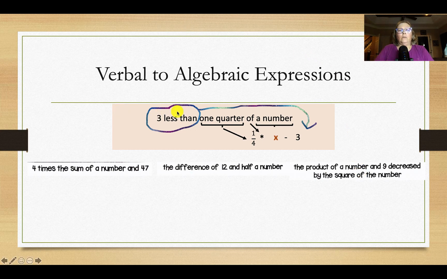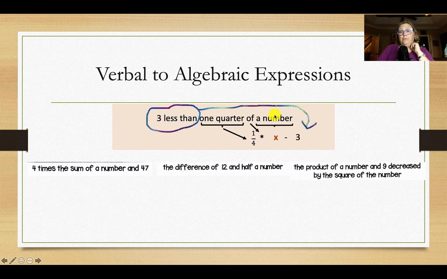So you look at and then translate the specific words. So we want to take 3 less than 1/4 of a number. So "of" always means times. So I'll usually start with the "of" and do my times symbol.